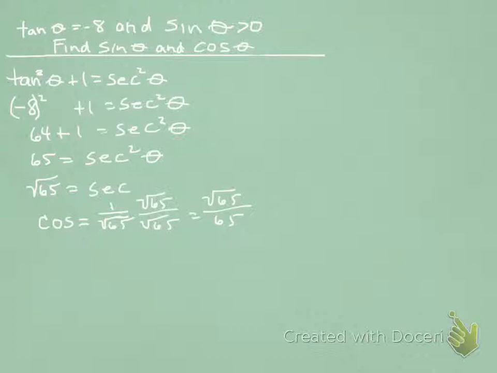Now, remember that we said that because the sine was positive and the tangent was negative, the cosine must be negative. So we know that the cosine must be negative square root of 65 over 65.